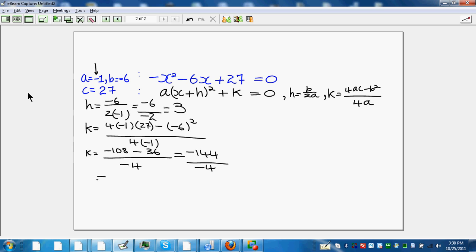This works out to be positive because you're dividing numbers with the same sign. So 4 3s are 12 and 2, 4 into 24 is 6. So therefore K is equal to 36 and H is equal to 3.